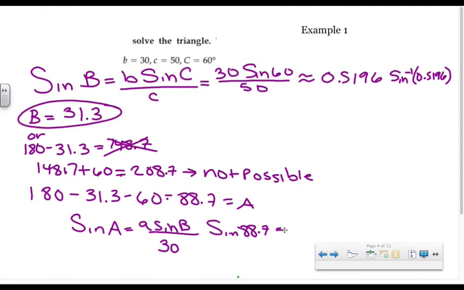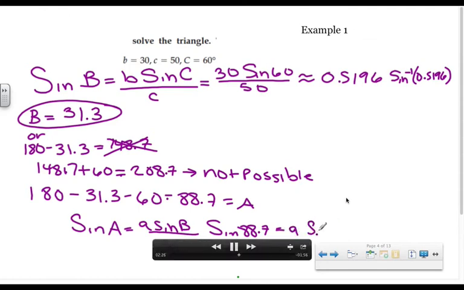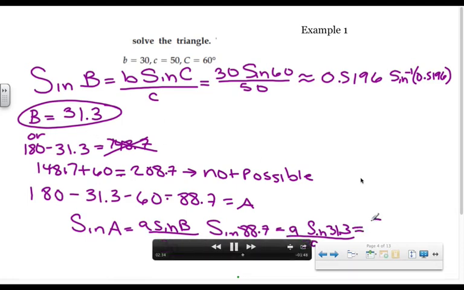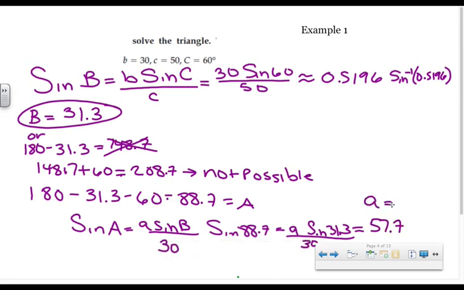So I'm going to plug in numbers. Again, this is all formula work, guys. Really not difficult. This part's difficult right here, but other than that, it's not. So then A equals 57.7. So there is that triangle. I found all three pieces.